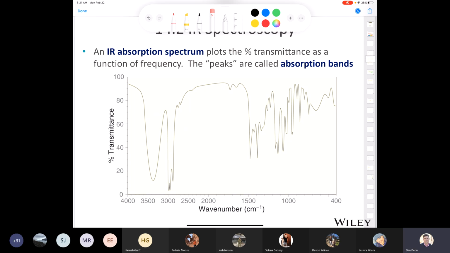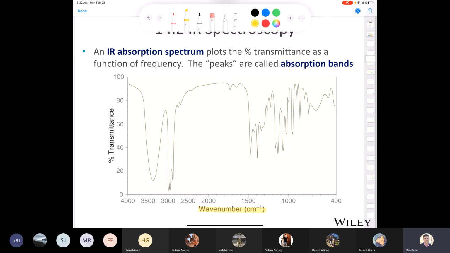We call the plot an absorption spectrum, and all of the signals that we see here are called absorption bands. The location of each signal on the spectrum can be specified either by the corresponding wavelength or by the corresponding frequency of radiation. But nowadays we use something called wave number, which is a frequency-related unit, and I'll talk more about that in a second. The whole scientific community uses wave numbers.